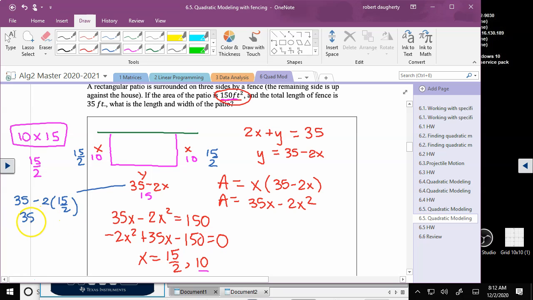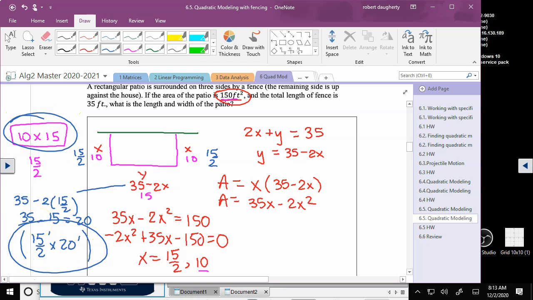This is 35 minus 15, which is 20. So you could have 15 halves by 20 as the dimensions of this particular one, and that would also give you 150 square feet. So I got two choices here. Those are the two choices for the dimensions of this particular patio based on this example.